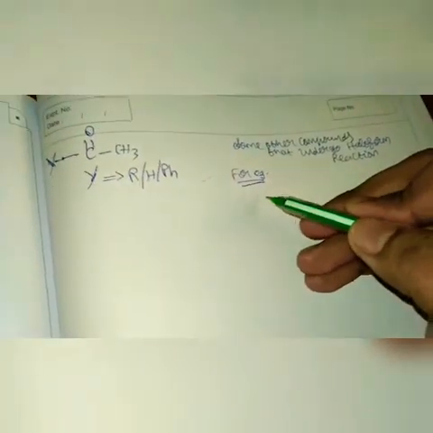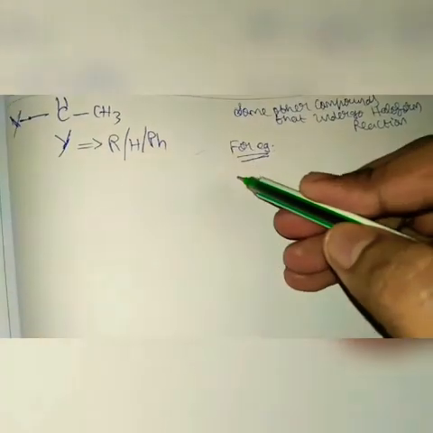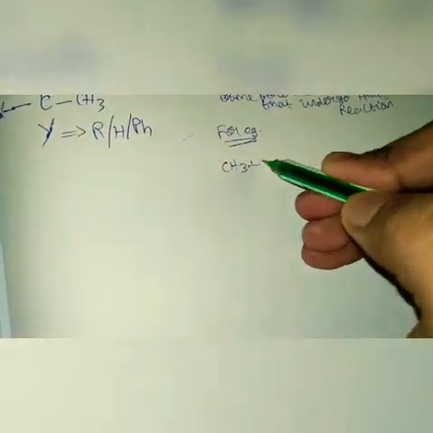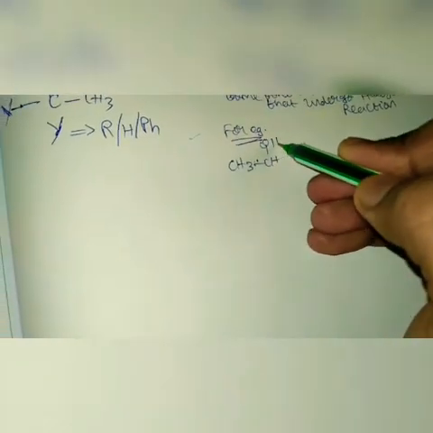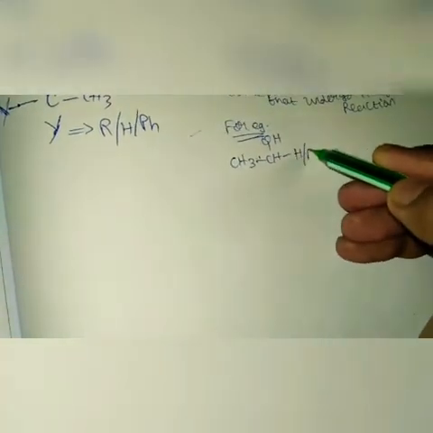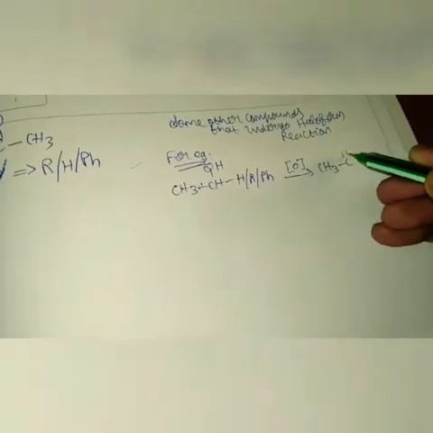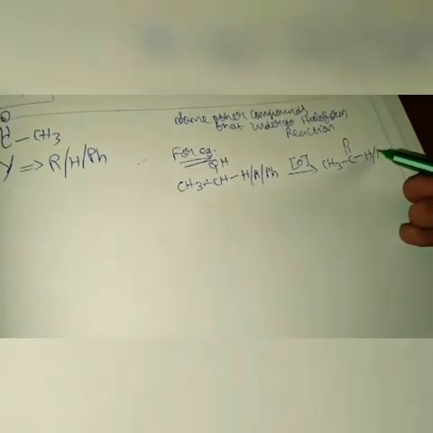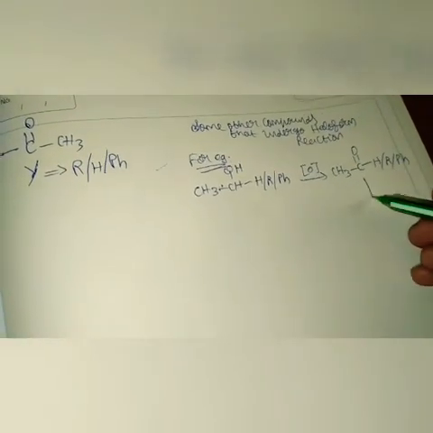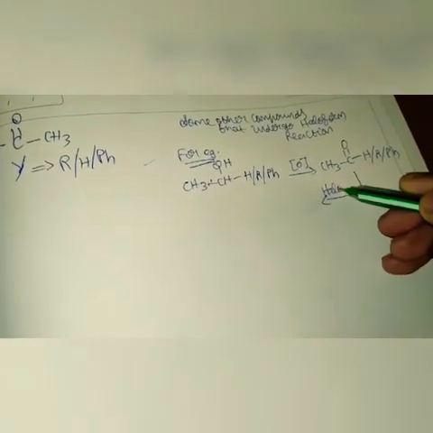Alcohols can also undergo this reaction. See, CH3, CHOH, R or Ph. This oxidizes itself to form C double bond O. So this is a methyl ketone which can undergo haloform.